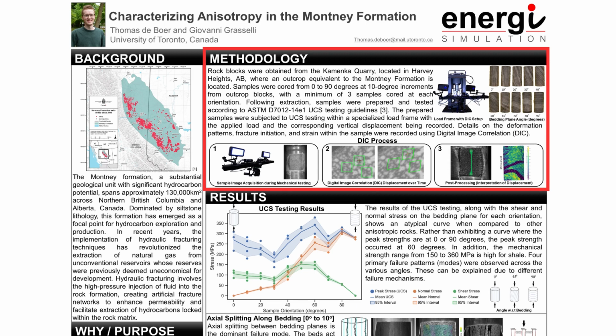The prepared samples were subjected to UCS testing within a specialized load frame, with the applied load and the corresponding vertical displacement being recorded. In addition to that, details on the deformation patterns, fracture initiation, and strain on the surface of the samples were recorded using a technique called digital image correlation.